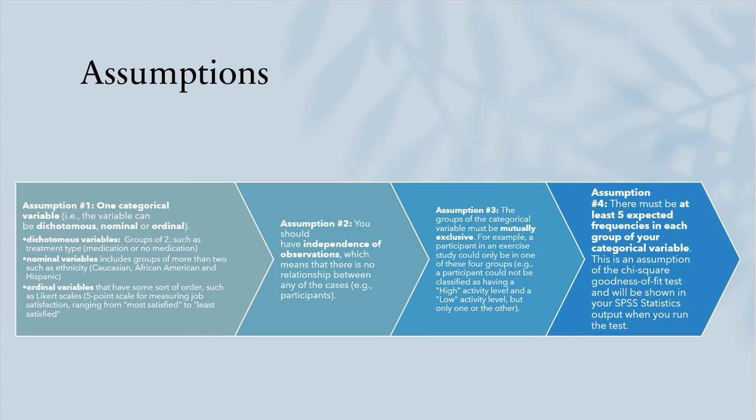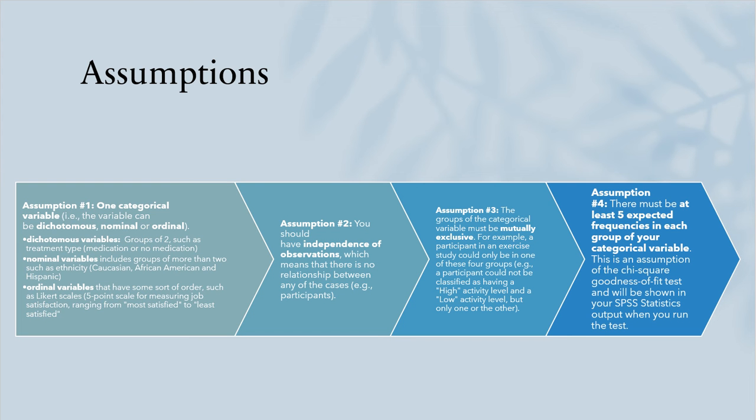All right. Some other things to know about using this type of test is there are a few assumptions that we go by when we're performing it. Of course, the first is that we are comparing just one categorical variable.